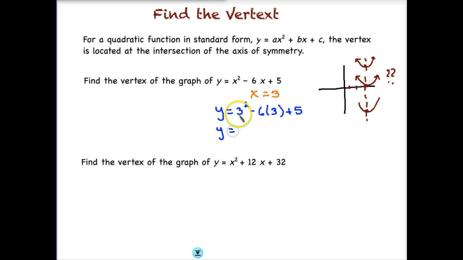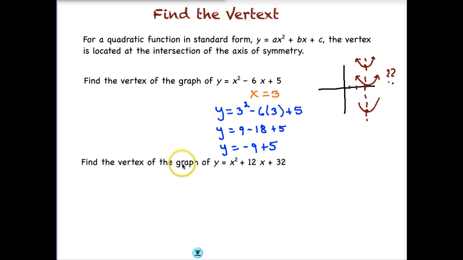So let's go ahead and do that. So y is equal to, we do our exponents first. 3 squared is just 3 times 3, which is 9. Minus, and we do our parentheses multiplication next. So 6 times 3 would be 18. And then plus 5. So now we just work from left to right, adding and subtracting. So y is equal to 9 minus 18 is -9. And then we have our plus 5.